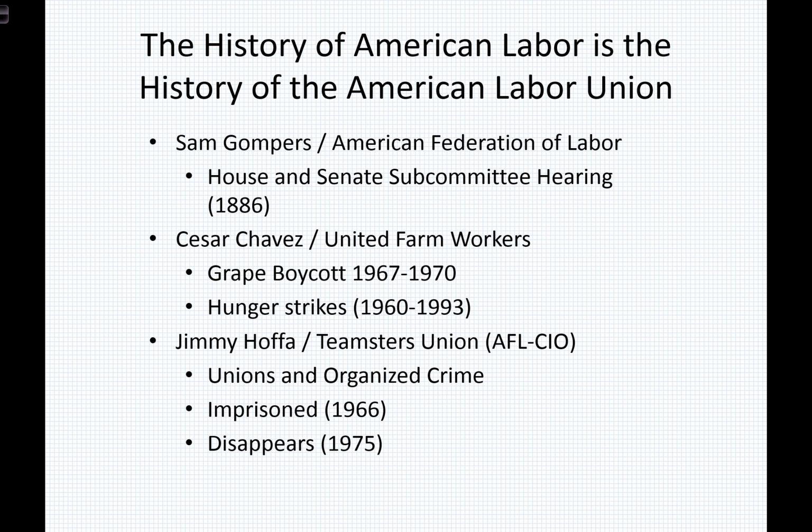They had very little care for their safety, and so after a period of years of not being able to make any headway with regulatory bodies or with political bodies, Chavez organized a boycott of table grapes in the United States.